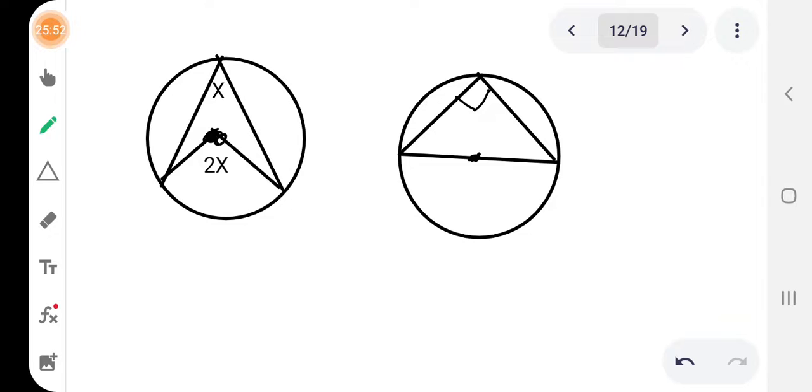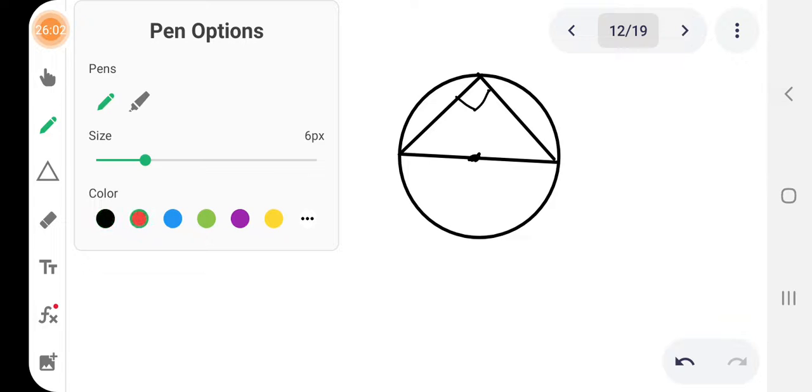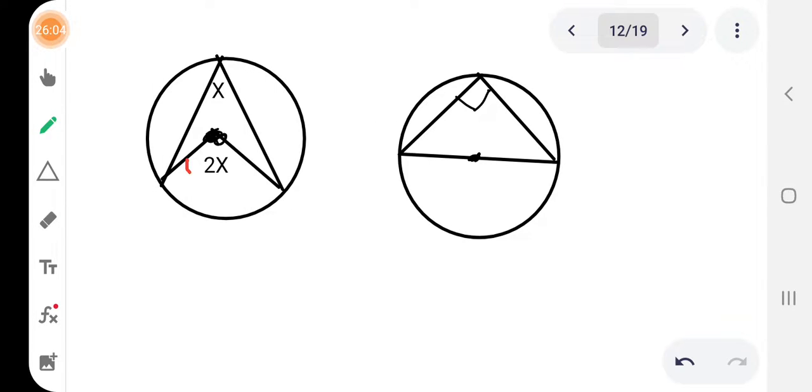So let's come to this theorem stating that the angle at the center is twice the angle at the circumference. So we are simply saying that this angle here at the center is twice the angle at the circumference.